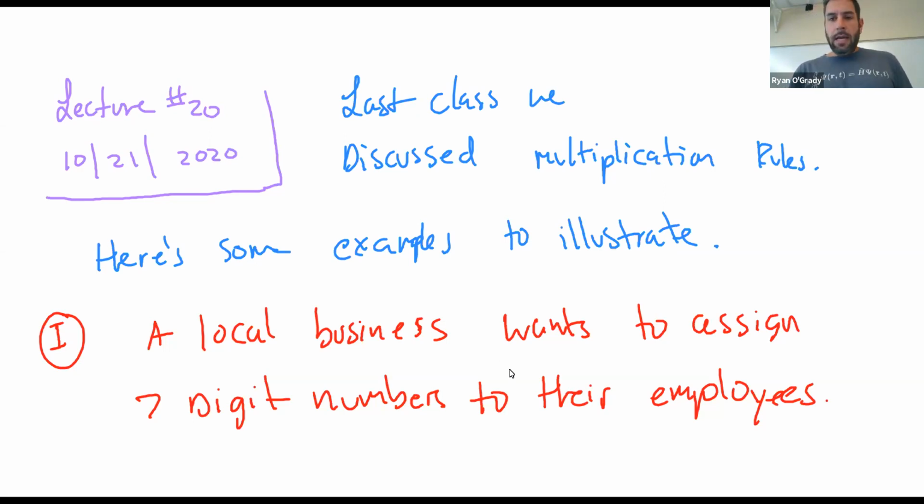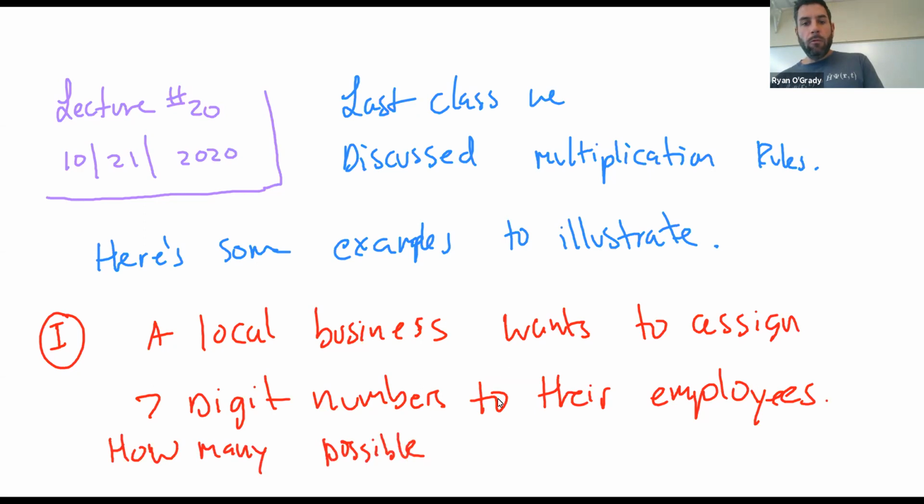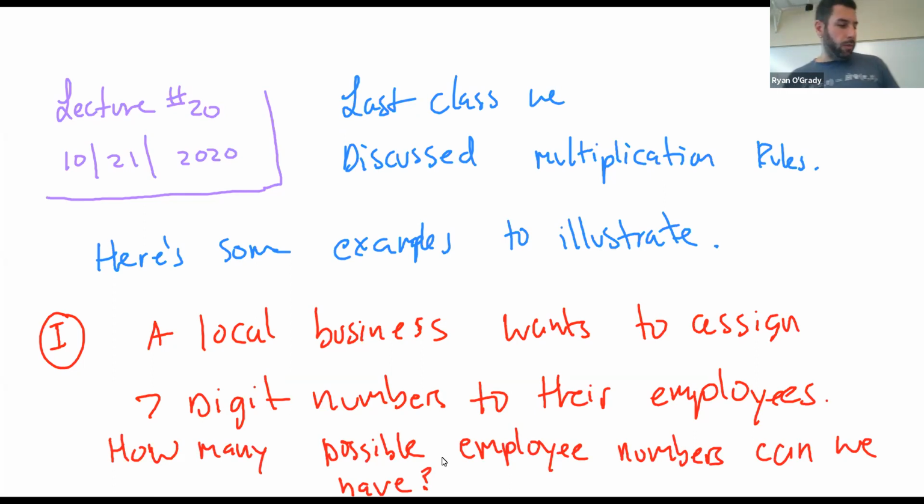So here's the question. How many possible employee numbers are there? So how many different employee numbers can we have?